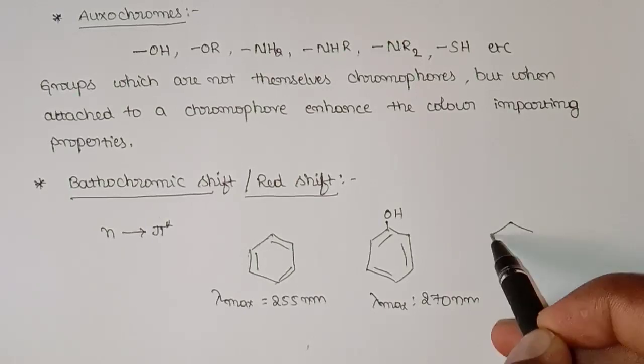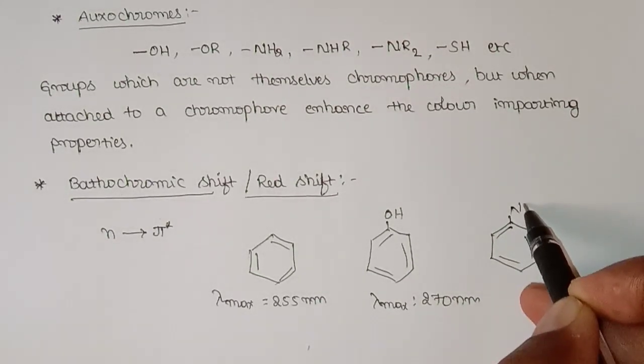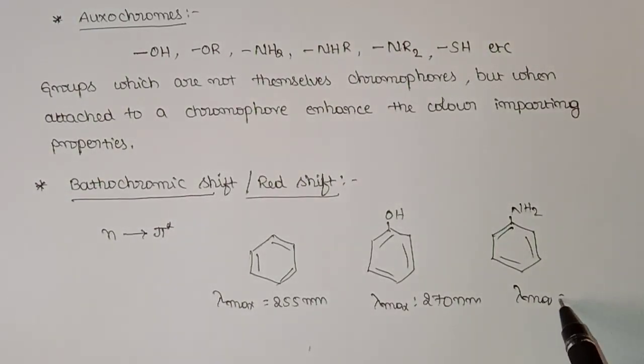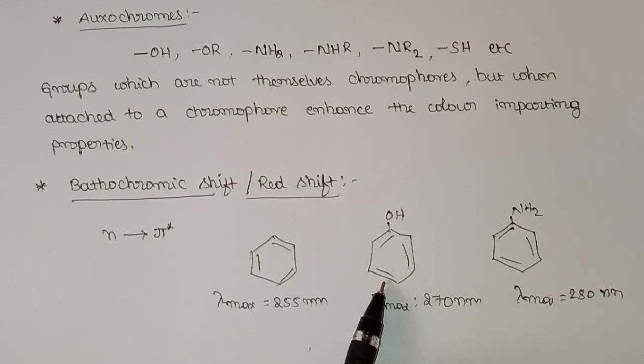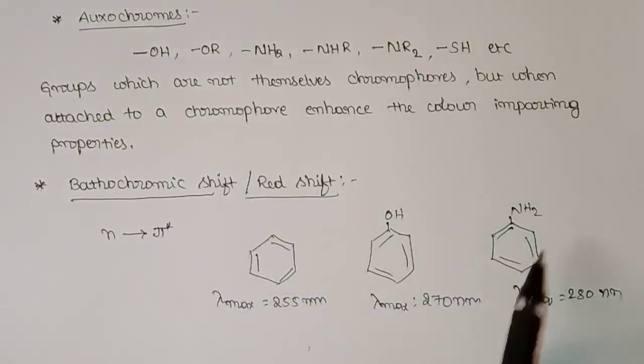In the same way, with the other auxochrome, NH2, lambda max is equal to 280 nanometers. So you can notice that as you move from benzene to phenol and phenol to aniline, the lambda max value is increasing. This is mainly because of the increase in resonance in the molecule.